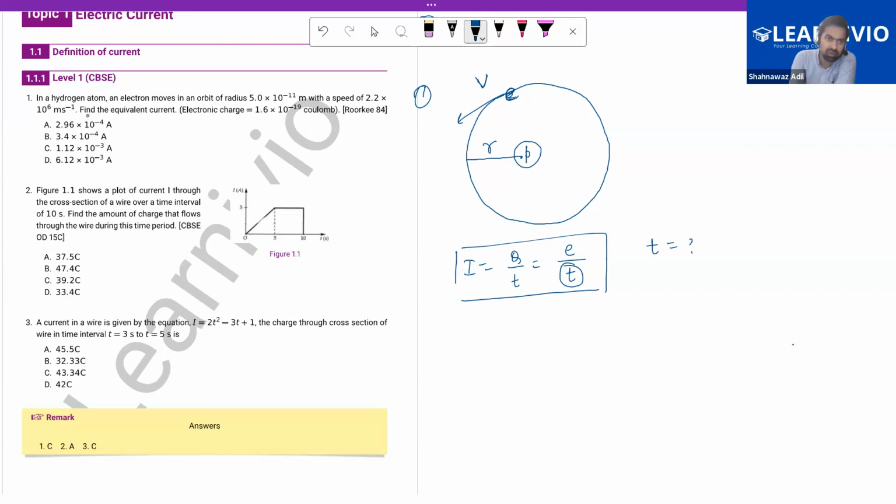In this question, we have to find out the current, and to find it we have to find this time. The electron is moving in a circular orbit, so we can calculate the distance of one orbit, and that distance would be 2 pi r. Speed is v, so we can calculate the time as distance by speed.